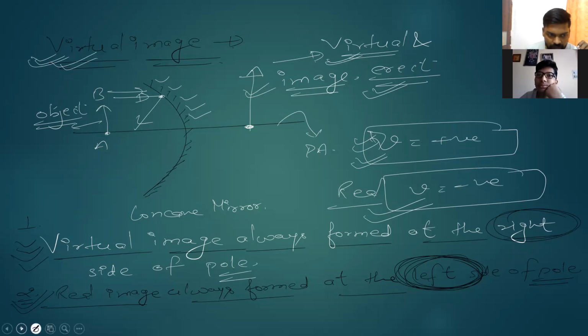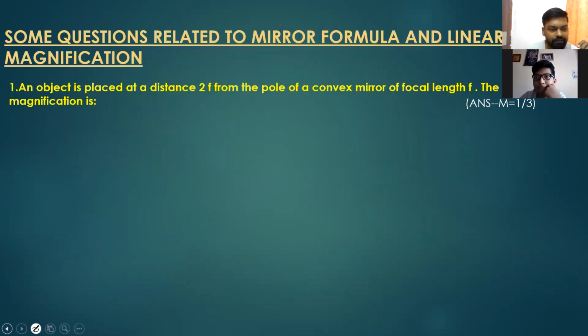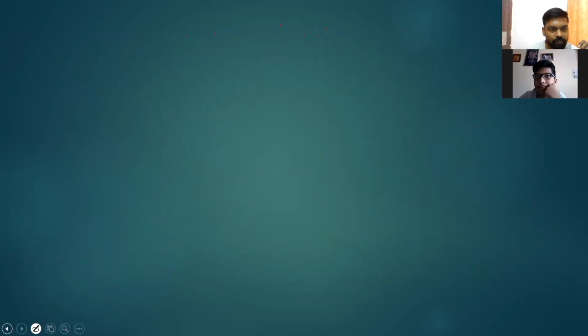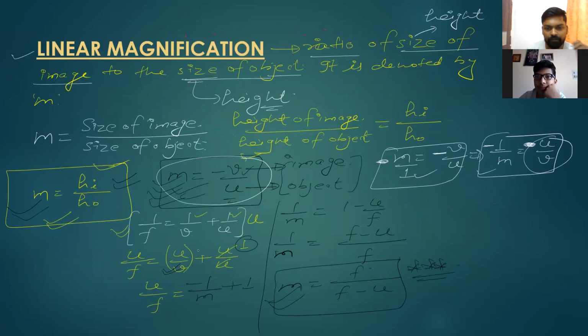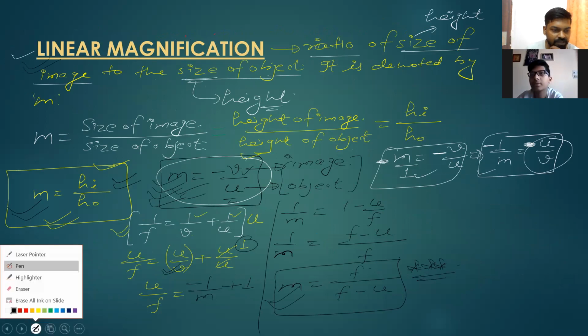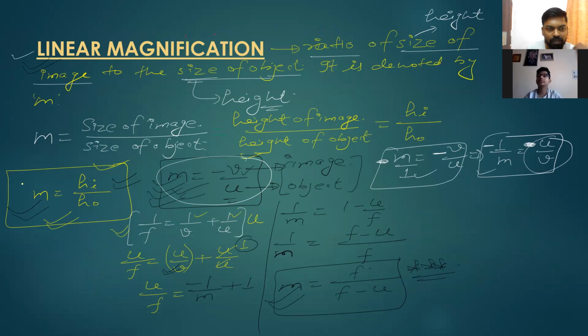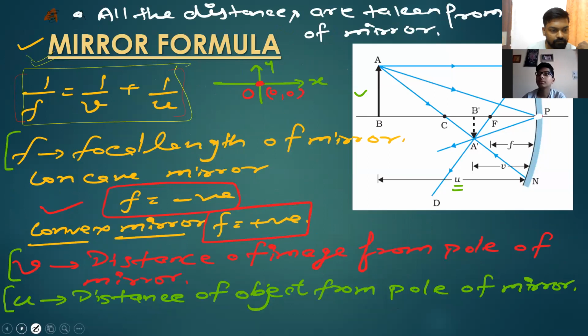So we were talking about linear magnification, and we are discussing the formulas. The first formula is this, the second formula is this, the third formula is this. Now we are moving to the next formula.